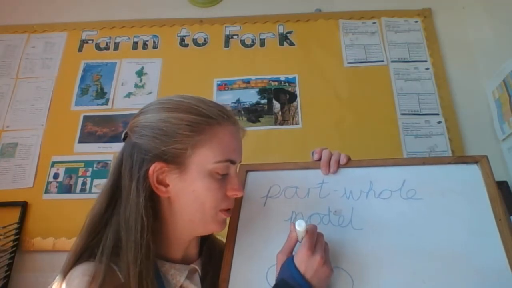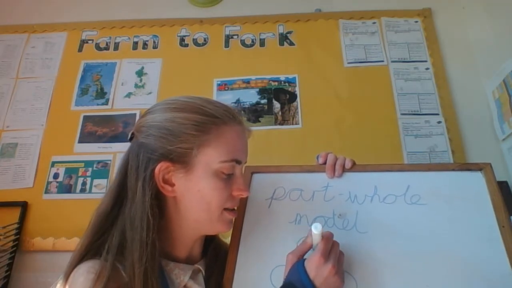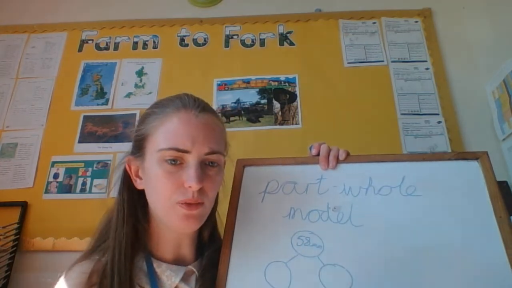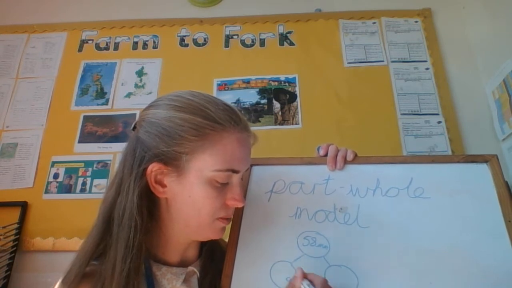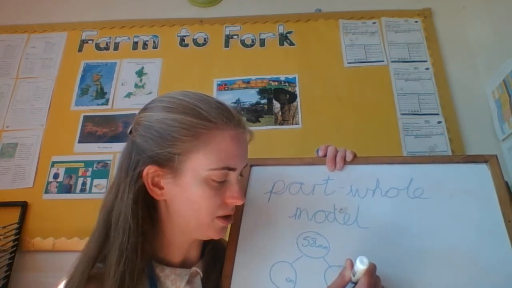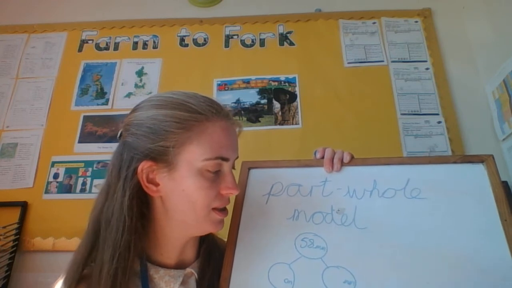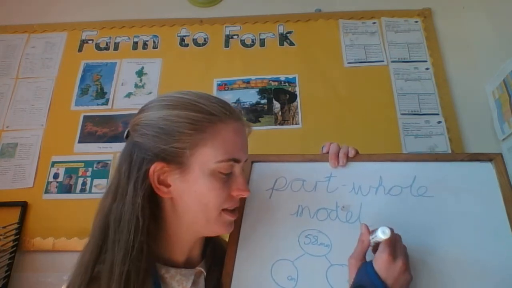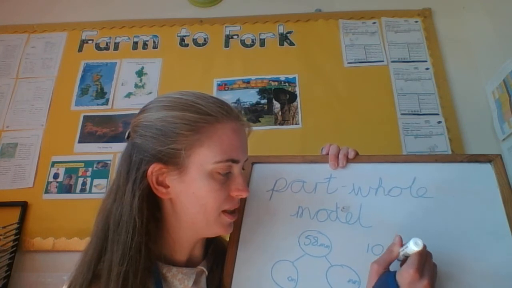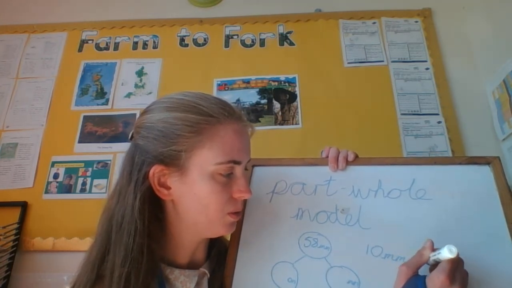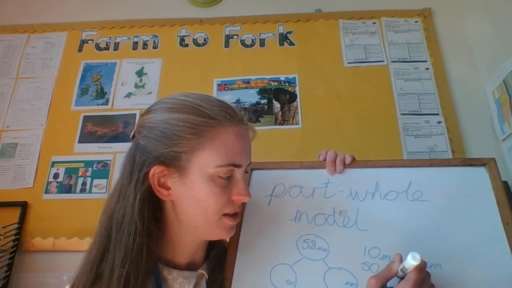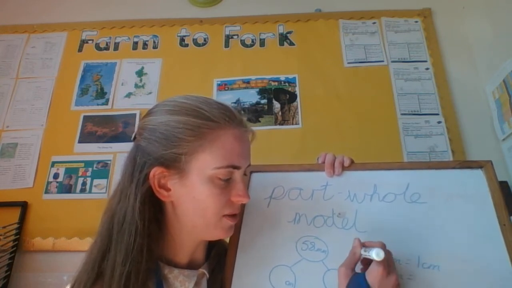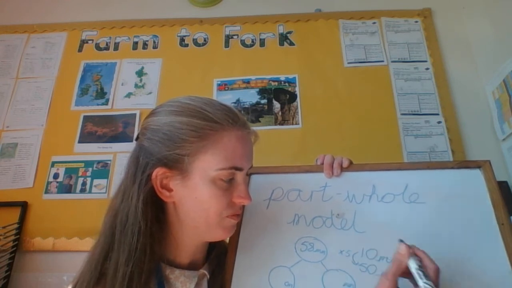So it's a way of looking at how numbers can be split into parts. And your models will have, for example, 58 millimetres as the whole, and we want to split it into its parts. So we want to split it into the centimetre part and the millimetre part. So if I look at 58 millimetres, I know that 10 millimetres equals 1 centimetre. So 50 millimetres is 5 times that.